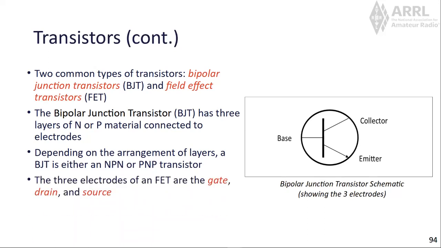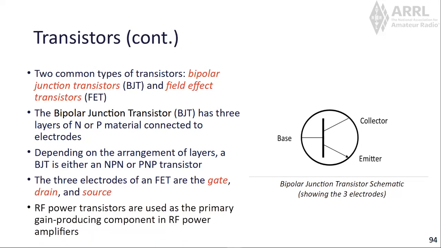The 3 electrodes of a FET transistor are the gate, the drain, and the source. RF power transistors are used as the primary gain-producing component in RF power amps.